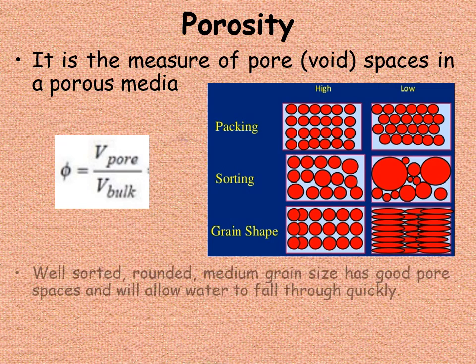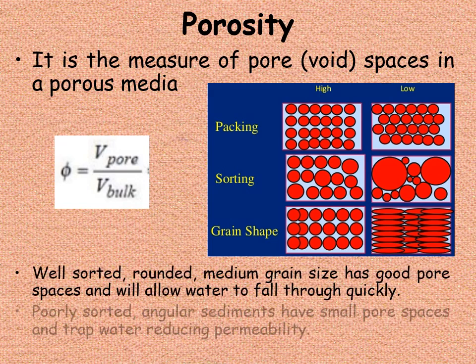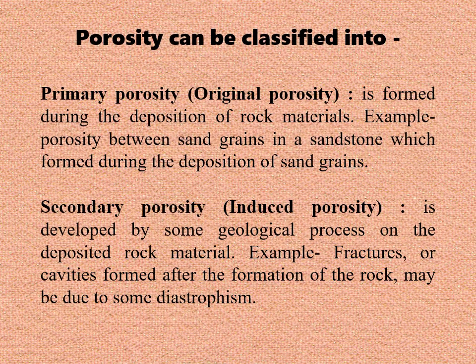Okay. So poorly sorted angular sediments have small spaces and can trap less fluid, whereas well sorted rounded grains have more empty spaces and can trap more fluid below the subsurface.